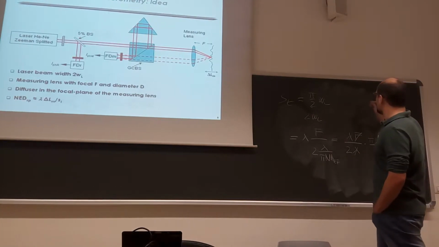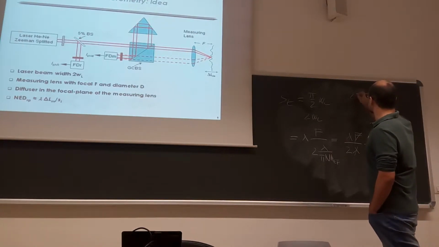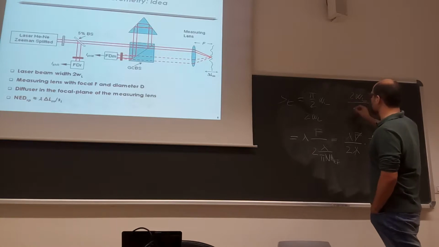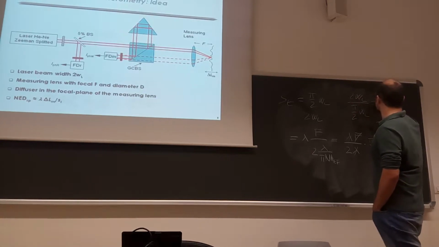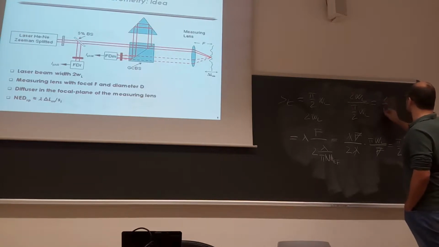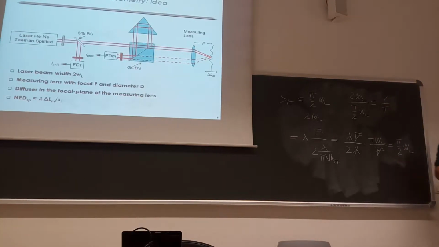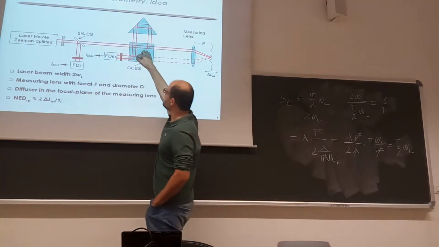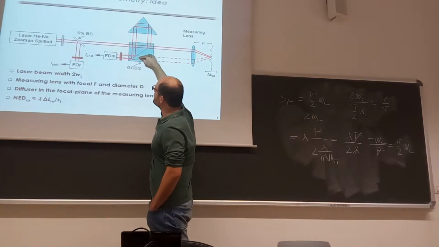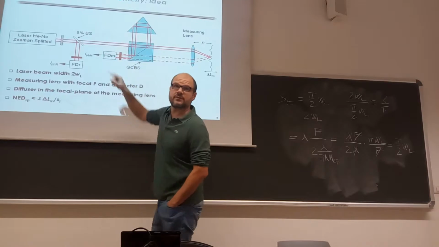And this is a great result, okay? Because if you do the ratio of 2 WL divided by 2 WL, what you get is 4 over pi. So this is a bit more than 1, okay? And this means that you have a full speckle that can be overposed to the reference beam.